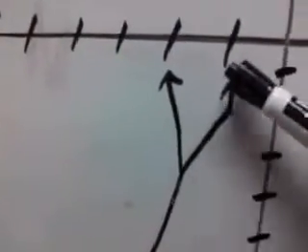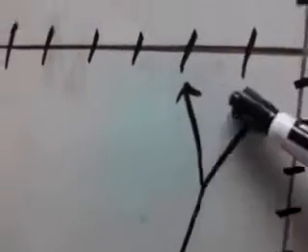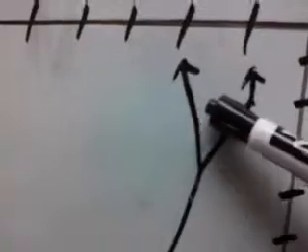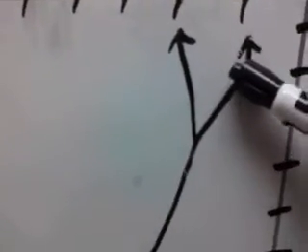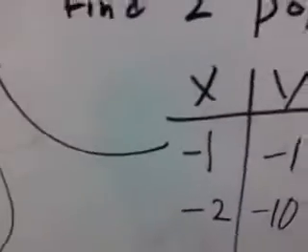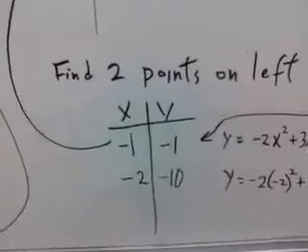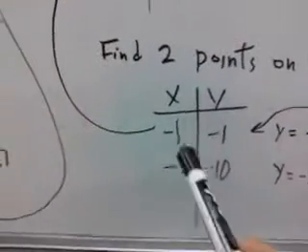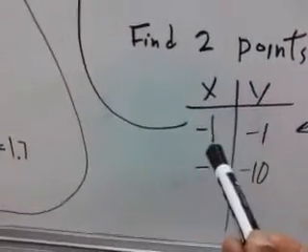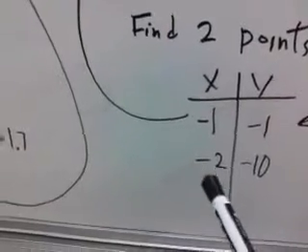Now, once you choose these 2 points for x, you have to substitute these two numbers into the equation to find y. And the best way to do that is make a little table like I've done here. In order to find my 2 points on the left, I chose x equals -1, x equals -2.